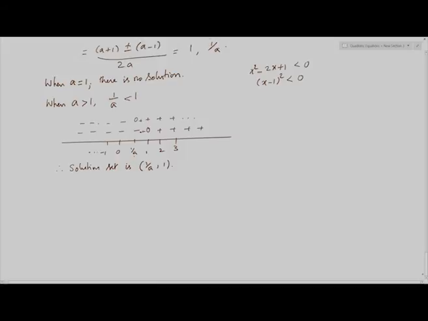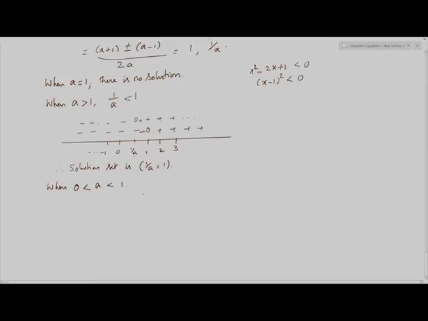Now let us see the other case, when a is a positive number. Let me take this third case when a is lying between 0 and 1. Therefore 1 by a is greater than 1.